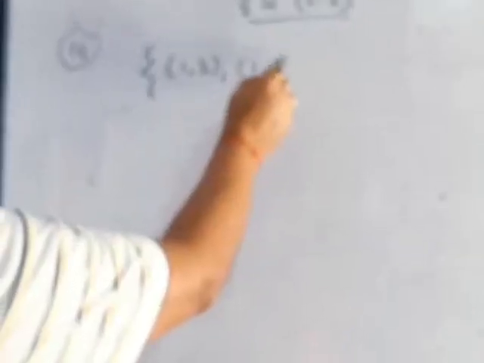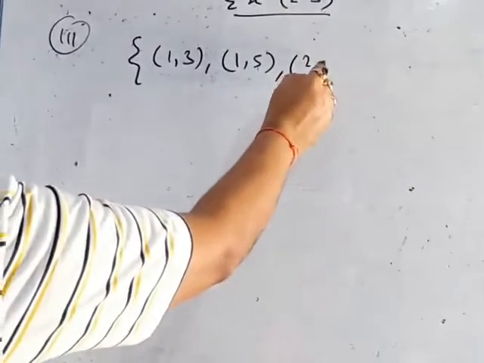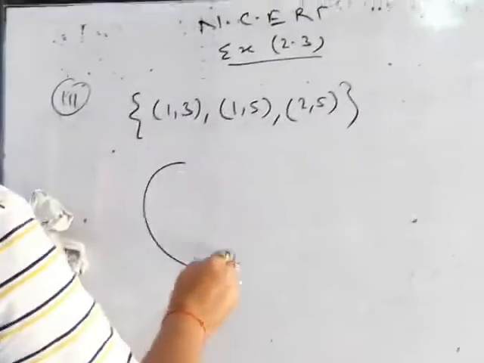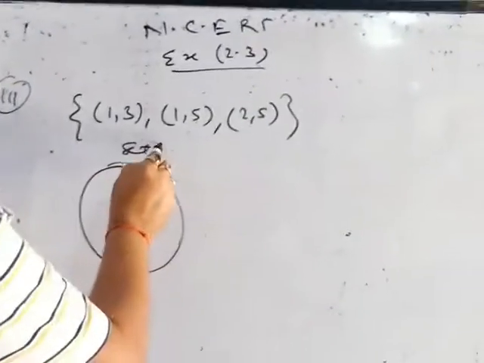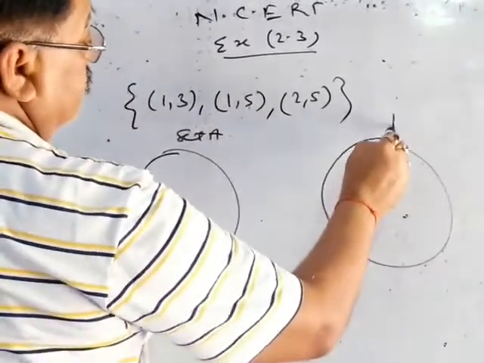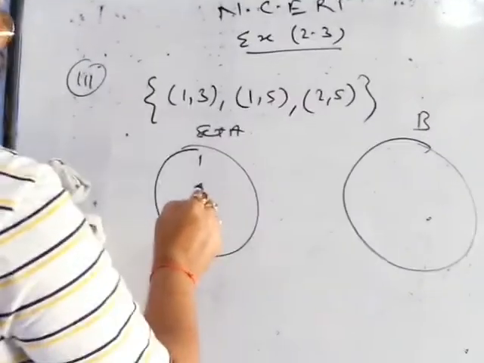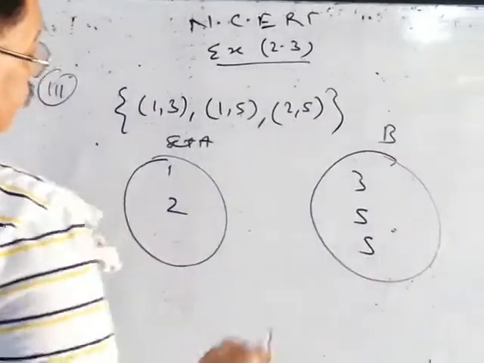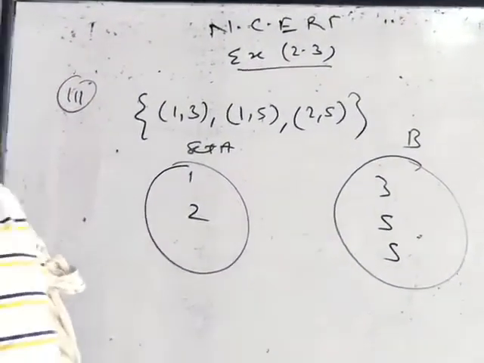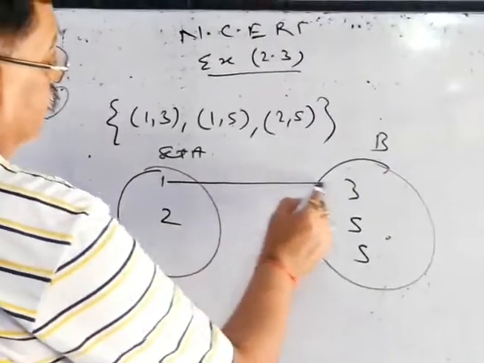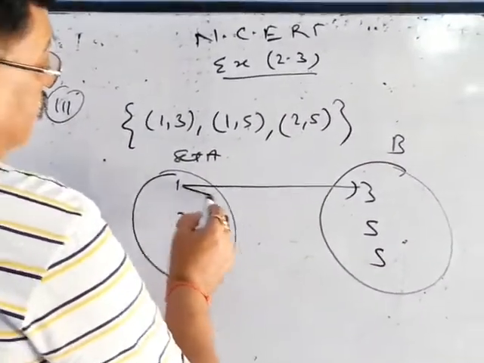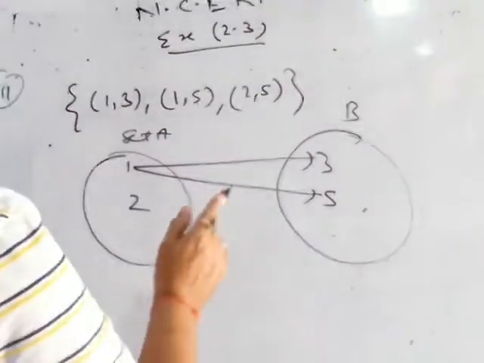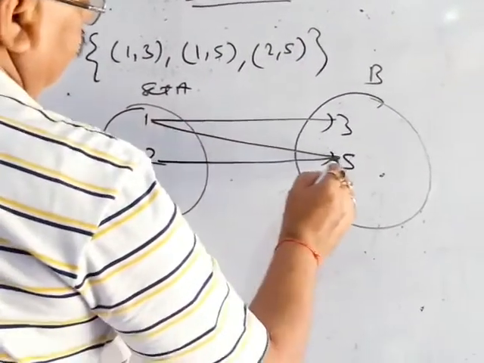Now the third one I am taking. Third: (1, 3), (1, 5), (2, 5). So here take a picture. Set A, set B. Here you write 1, 2 in set A and 3, 5 in set B. What are you observing? 1 is related to 3, 1 is related to 5, and 2 is related to 5.